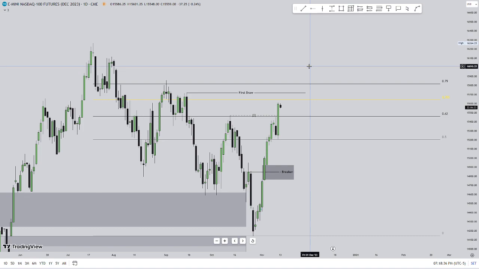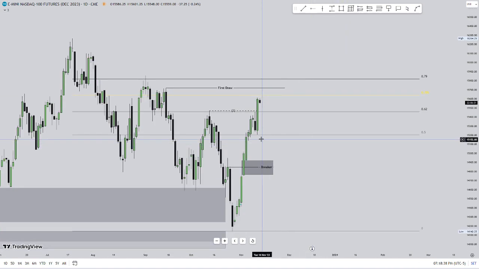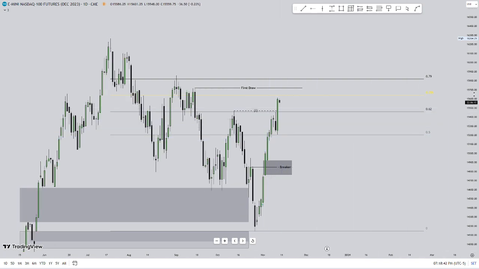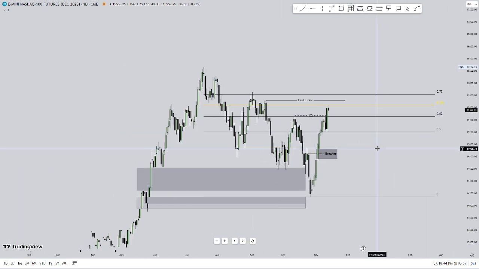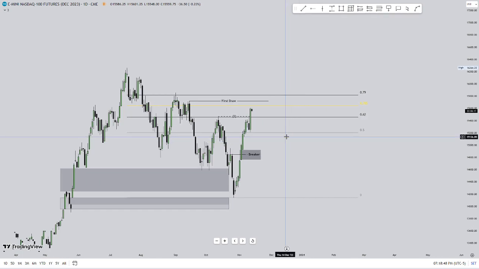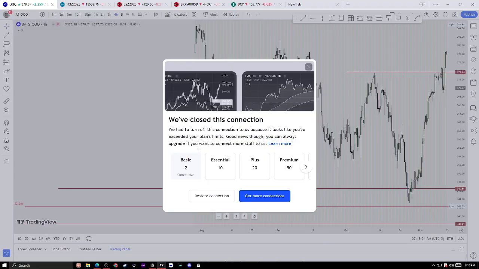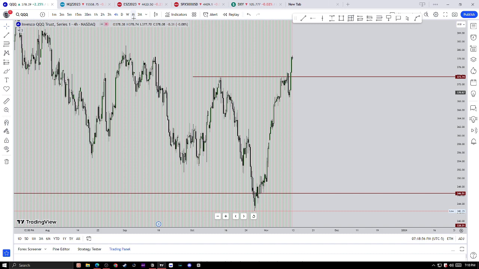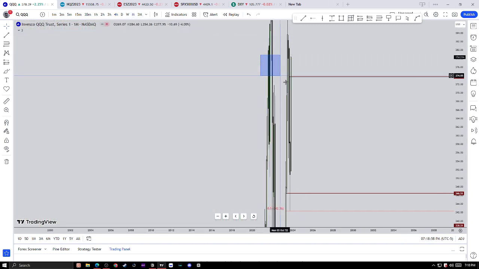So if we can close under the 0.5 OTE, then I would start maybe trading. I'm actually debating going short here with just a few dollars in my stocks and seeing how that plays out. I'm actually pretty interested. I really don't know how this could play out. It's very intriguing.